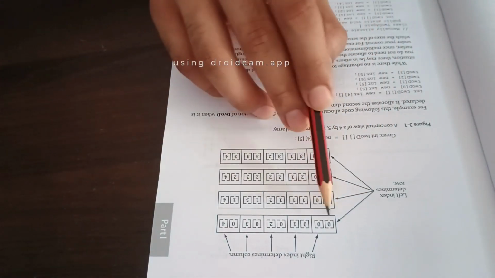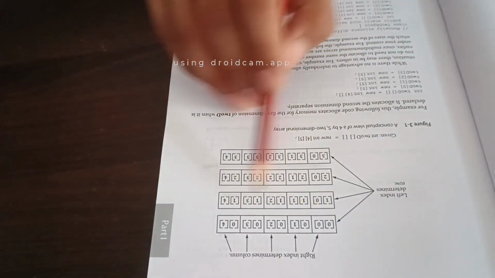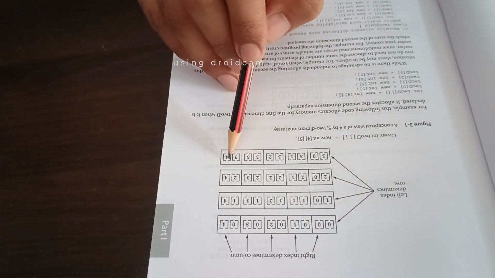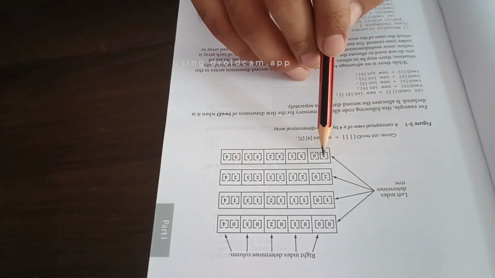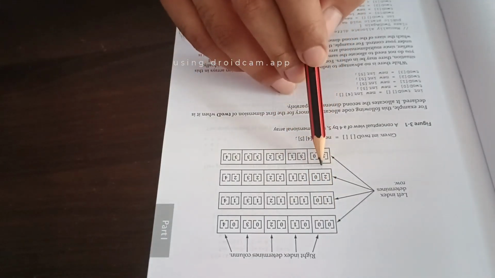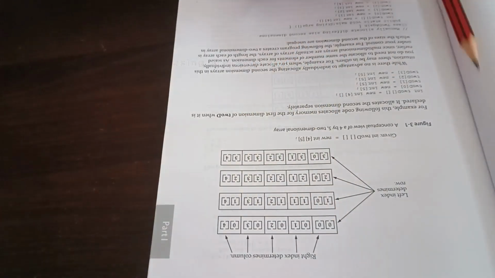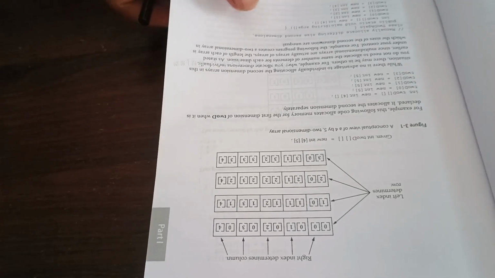So we have 1, 2, 3, 4. We have 4 arrays, and each array has 5 elements, right?